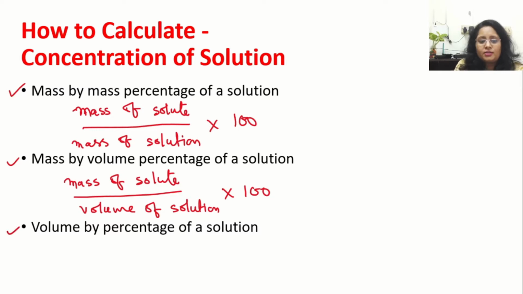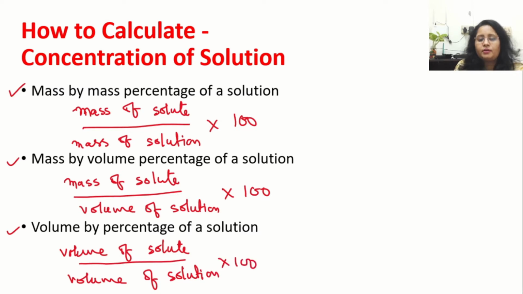And the third one is the volume by volume percentage of solution. It is written as volume of solute upon volume of solution, multiplied by 100.